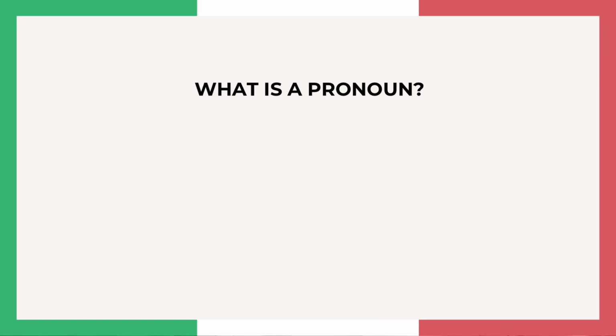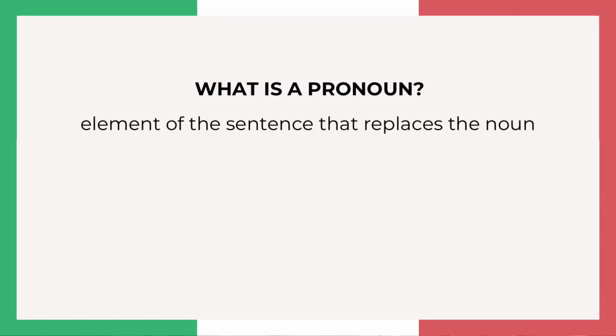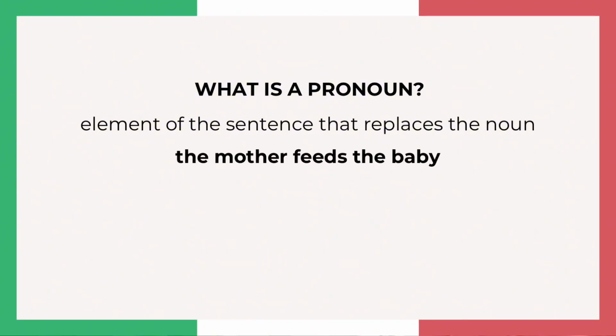But first of all, in case you're not familiar with the concept, let me explain to you what exactly is a pronoun. A pronoun is an element of the sentence that replaces the noun. For example, in English, I can say the mother feeds the baby, but I could also replace the nouns of this sentence with pronouns, and it would sound something like she feeds him.